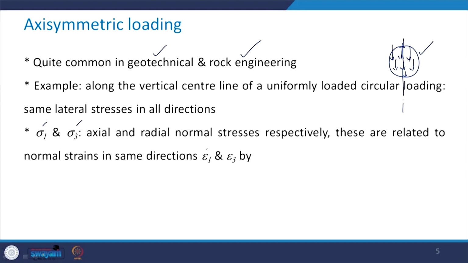So, this epsilon 1 is the strain in which this axial stress is acting, and epsilon 3 is the strain in the direction of sigma 3. Let us see how these are related to each other. In this case you have the two components epsilon 1 and epsilon 3. One is axial, another one is radial.